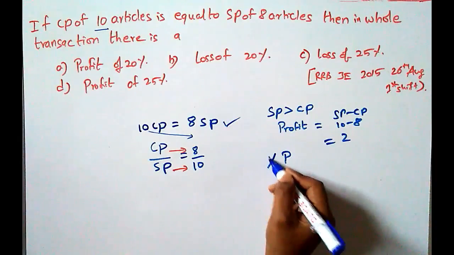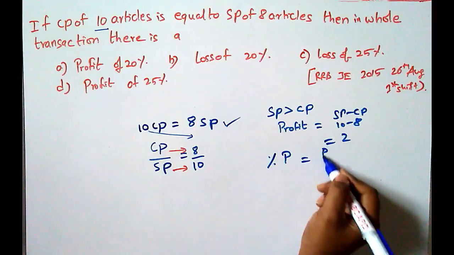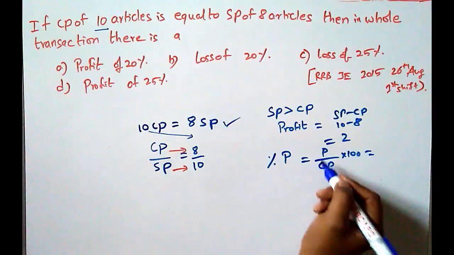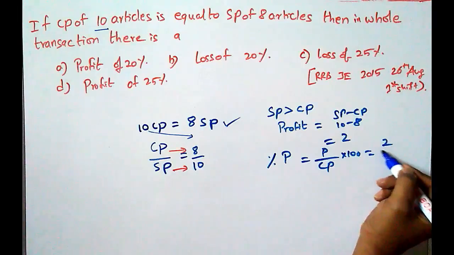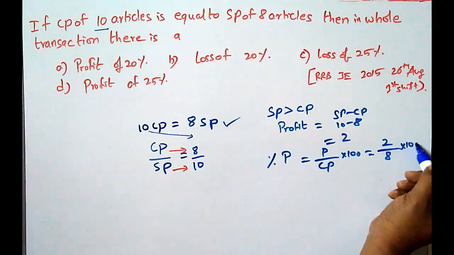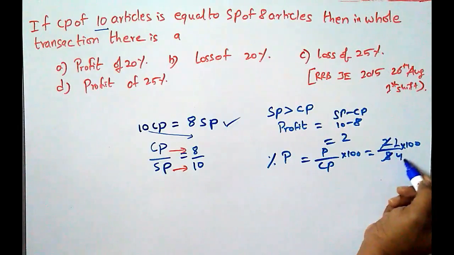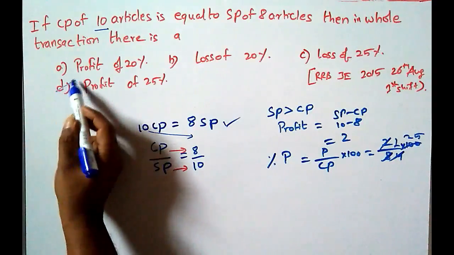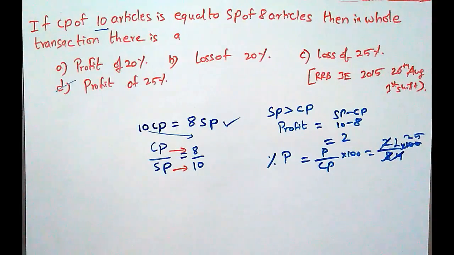So profit percentage is given by profit by CP into 100. That is 2 profit and CP is 8, into 100. That is 1 by 4, 25% profit. D is the answer.